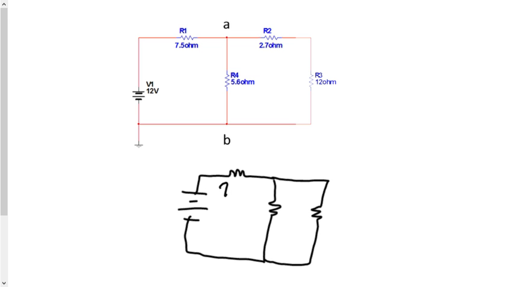So I've got a 7.5 ohm resistor here, a 5.6 ohm resistor here, and a 14.7 ohm resistor here. Now this circuit looks just like the last circuit. Now we have one series resistor here and a parallel. So add these two in parallel and you'll end up with a circuit. And I guess we can put our 12 volts here. We'll end up with a circuit that looks like this.